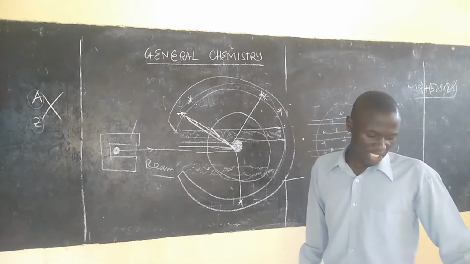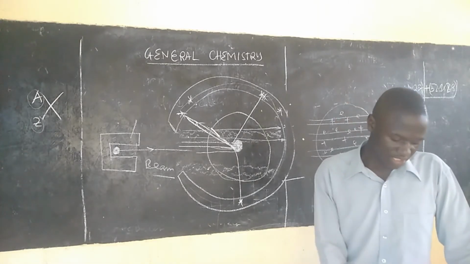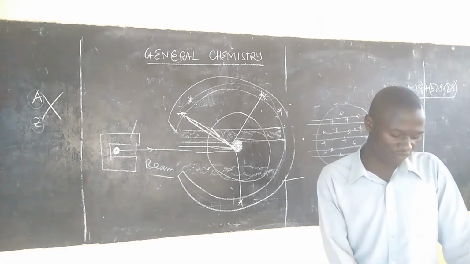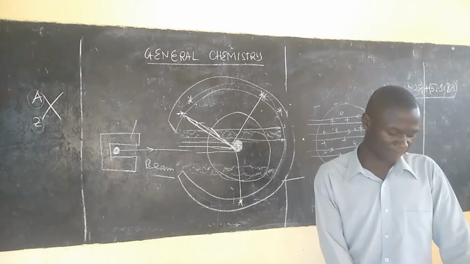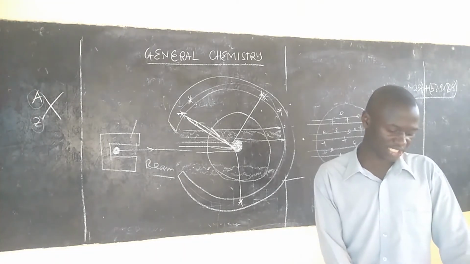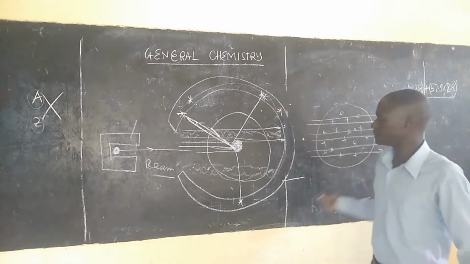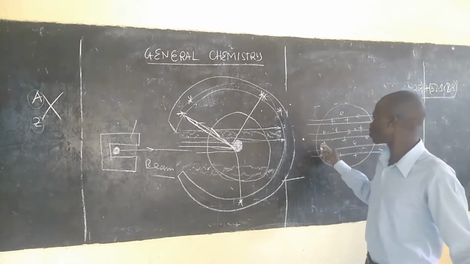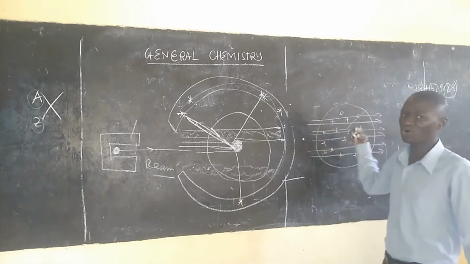Even though there would have been some repulsion due to like charges, the momentum would have overcome the repulsive effect and the particle would have deflected slightly or gone straight through. For according to Thomson, hizi particles zote zingepita au nyingine zingekuwa deflected kidogo tu.